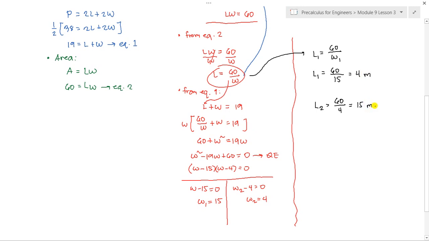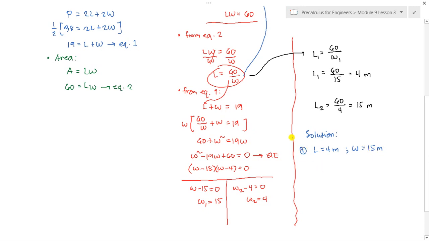So, therefore, we have two solutions here. The first solution is length equals 4 meters, width is equal to 15 meters.